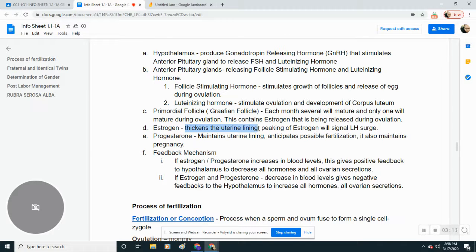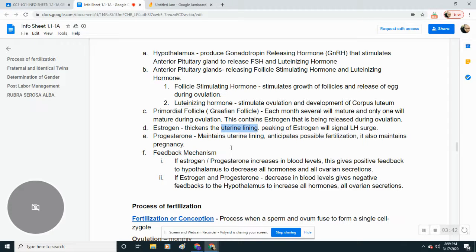If the egg was not fertilized, the egg will be sent out of the uterus with the uterine lining. So the shedding of the uterine lining is the blood that you release during menstruation.